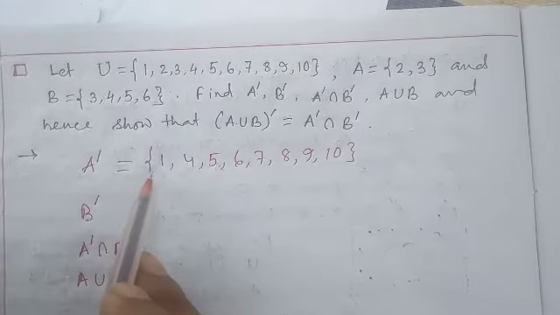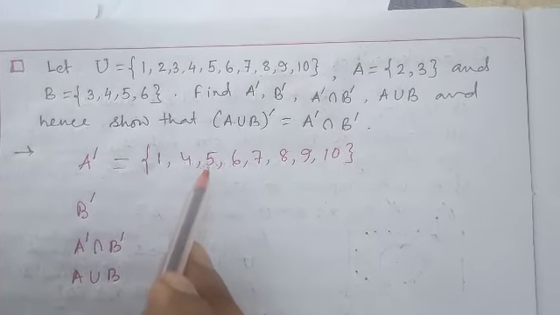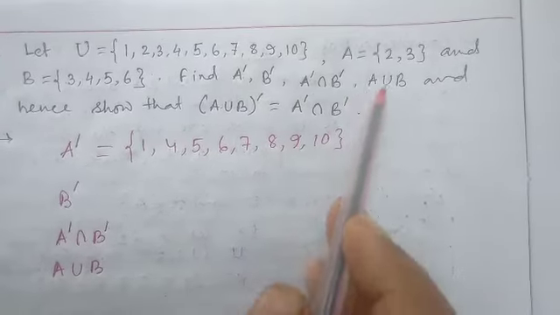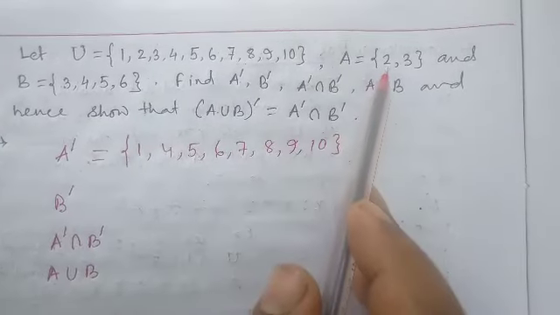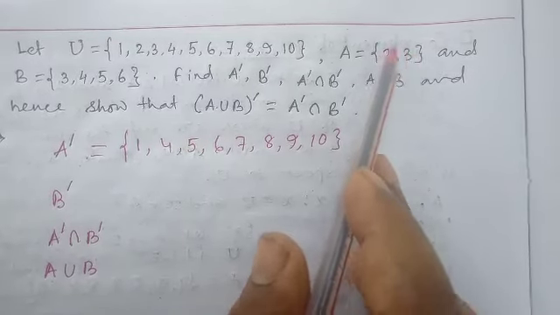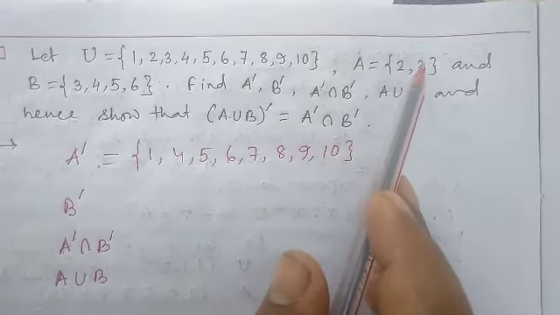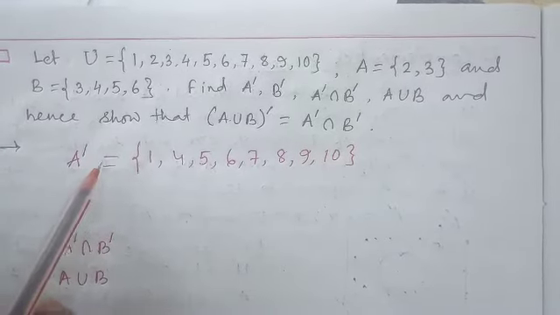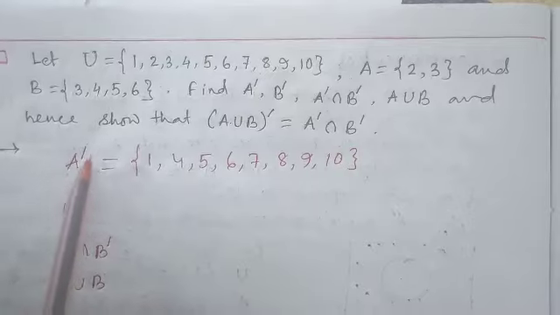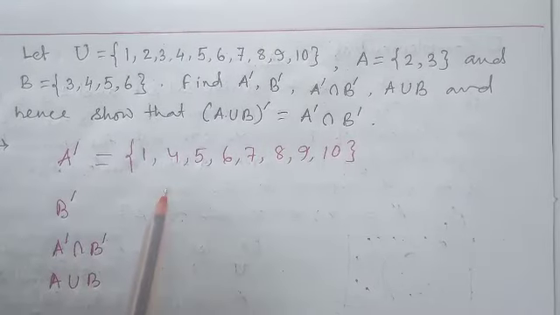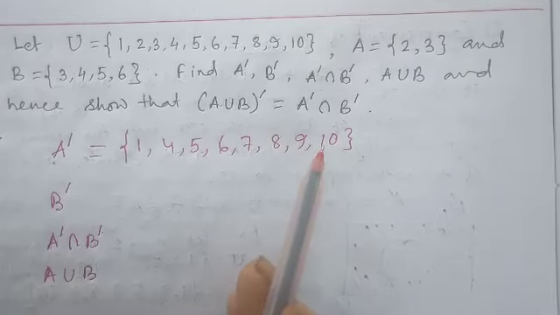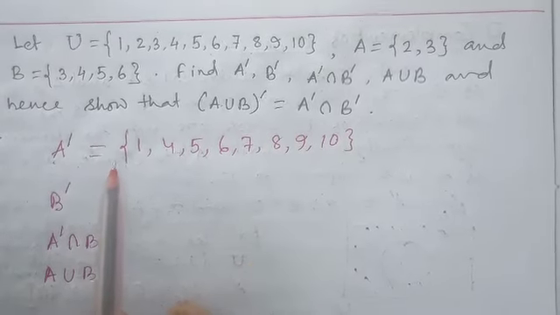Here A complement means 1 4 5 6 7 8 9 10, because the elements of A are 2 3, and except these elements 2 3 you write all the elements of the universal set in the A complement set. So this is your A complement set.